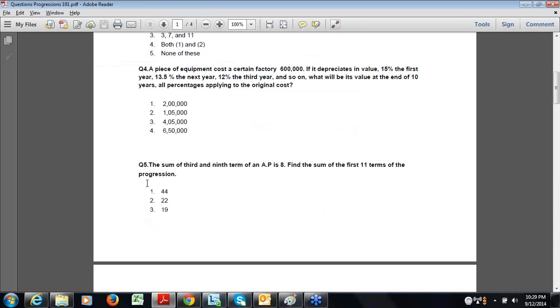The next question is: the sum of the third and ninth term of an AP is 8. Find the sum of the first 11 terms of the progression.